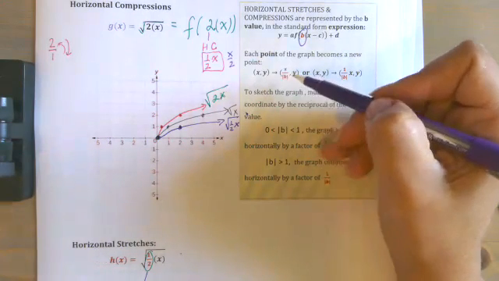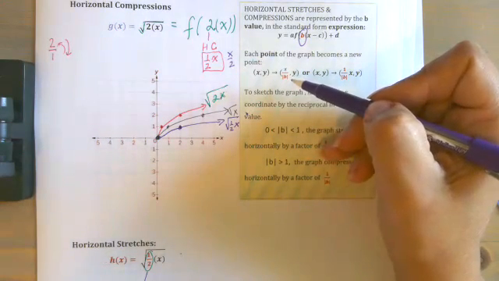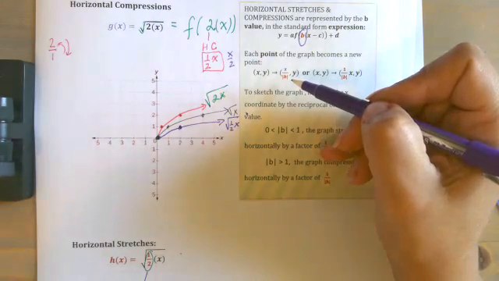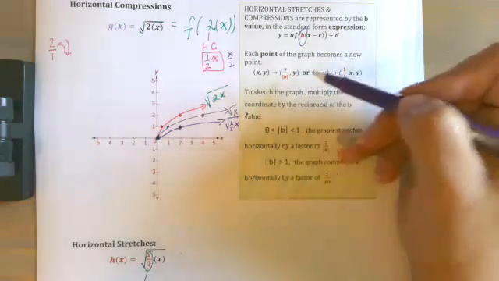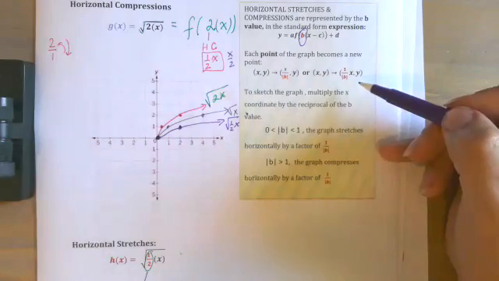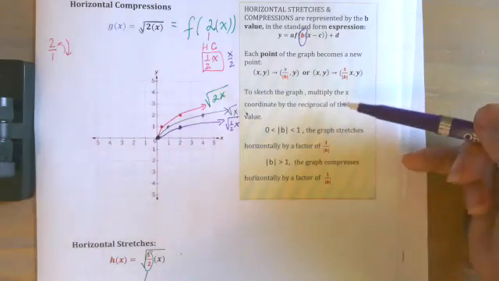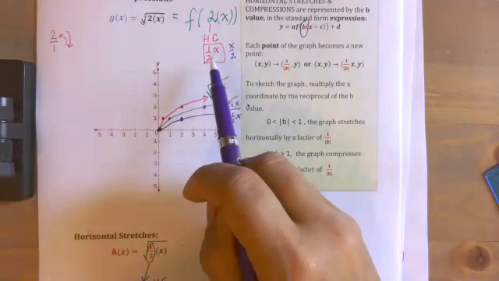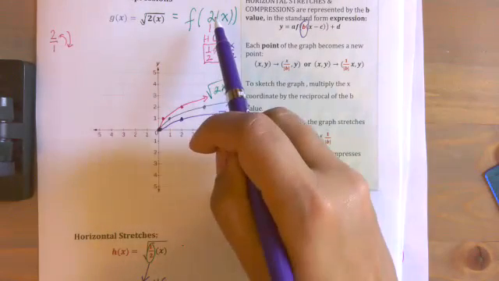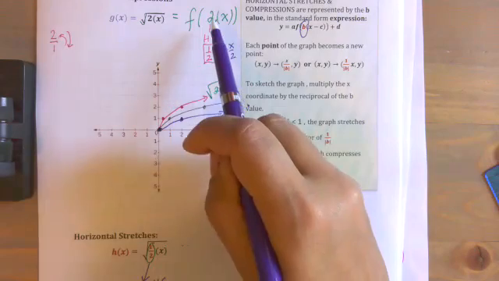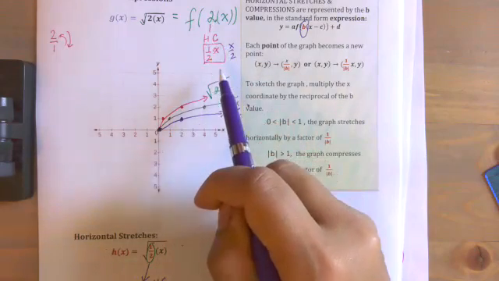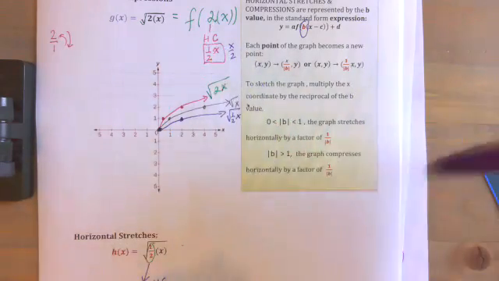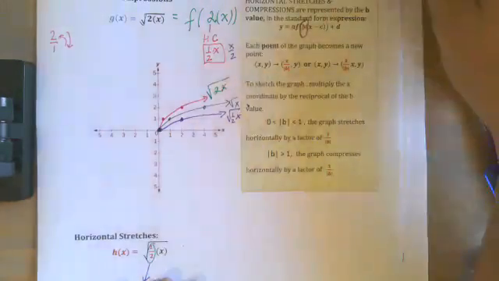That's just ignoring the number being negative, because we want to treat the negative separately as reflections in the horizontal direction. And then to sketch the graph, you just have to get this multiplier value. So you always have to be careful. Don't just take the 2 times the x here. You have to first reciprocate the values and then times them by the x coordinates.